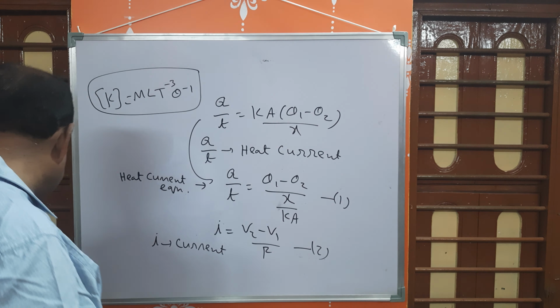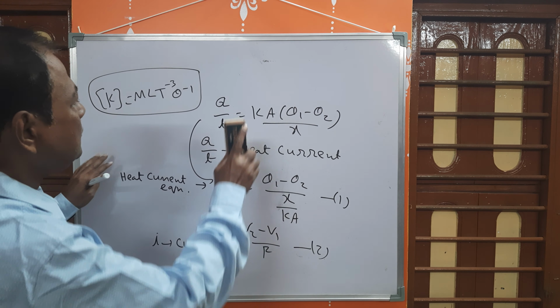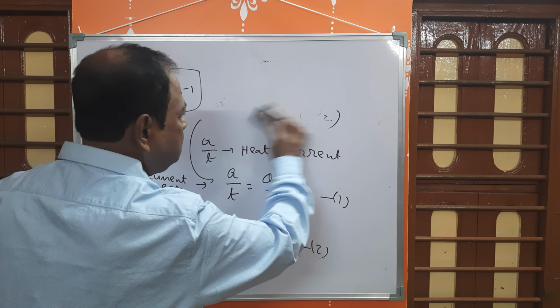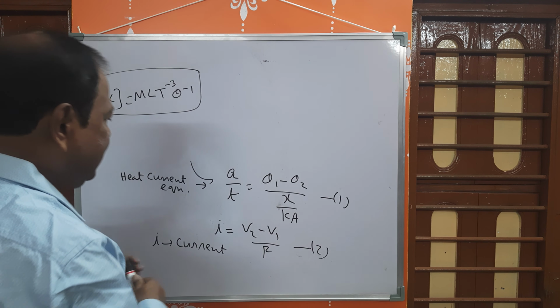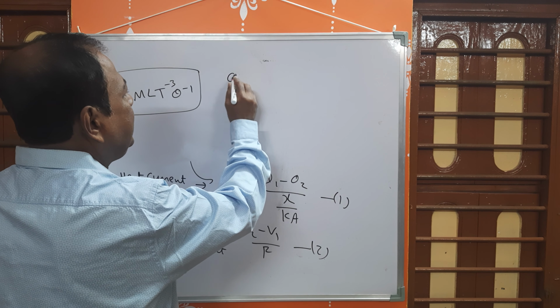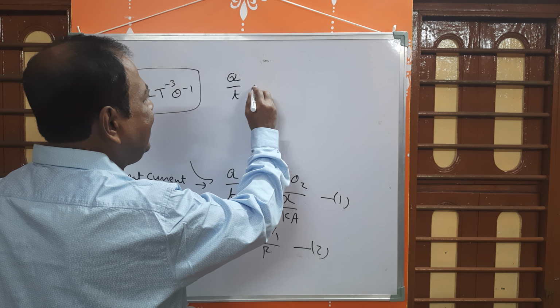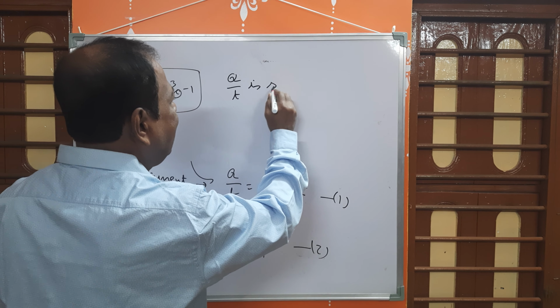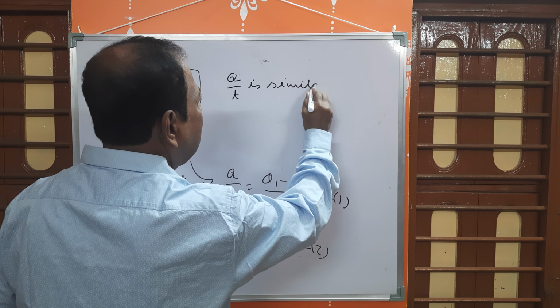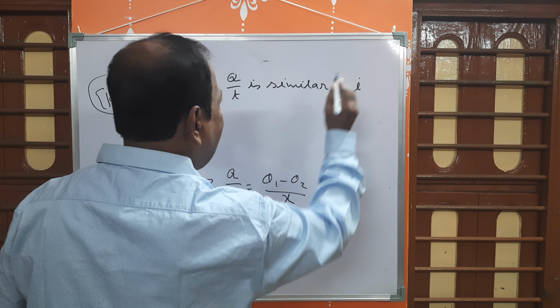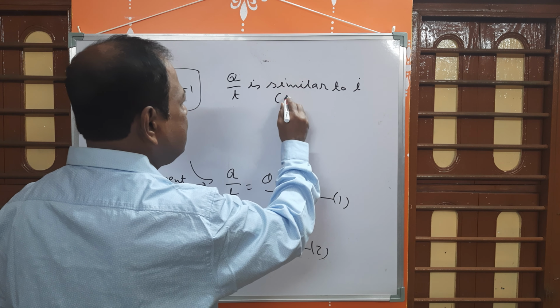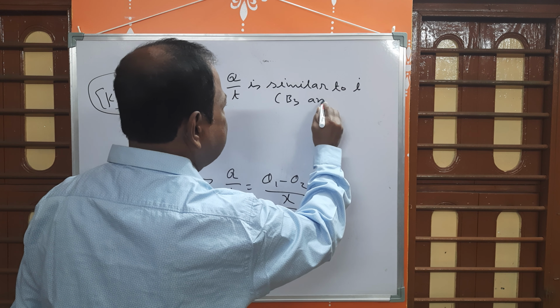Now I am again discussing that this Q by t is similar to I, by analogy.